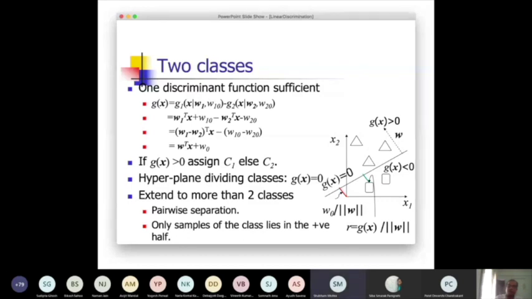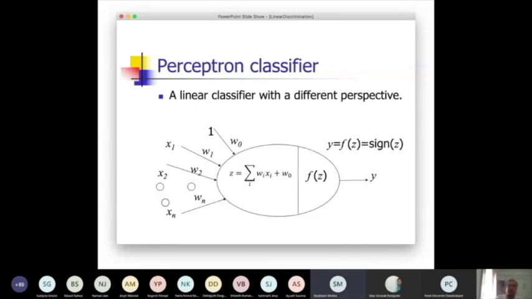If I always consider the difference of two discriminant functions of the corresponding classes as defining a hyperplane between any pair of classes, then naturally the sample lying in the positive half of all these hyperplanes would belong to that particular class. So this is the idea of the discriminant function.